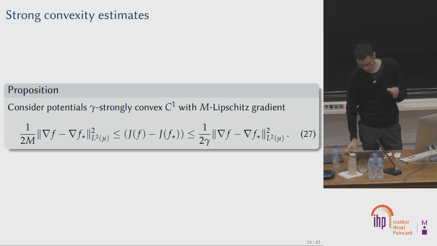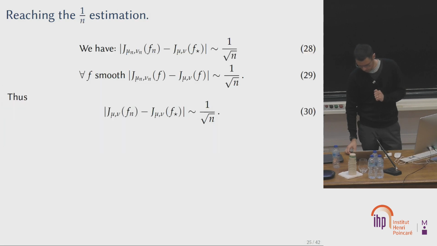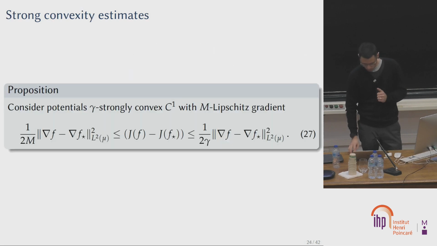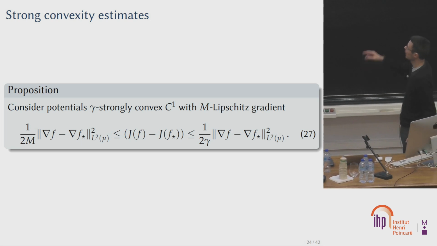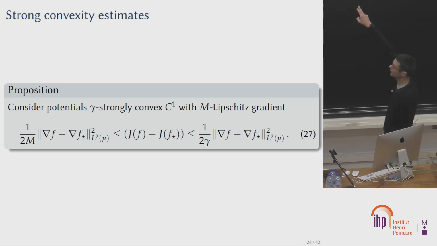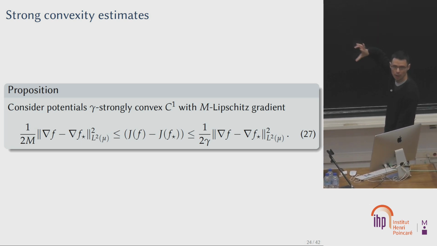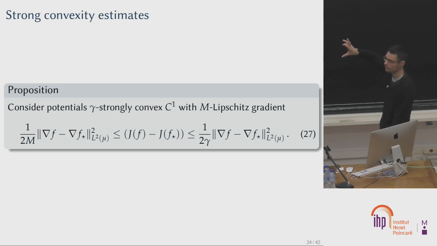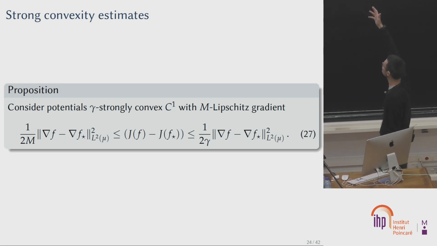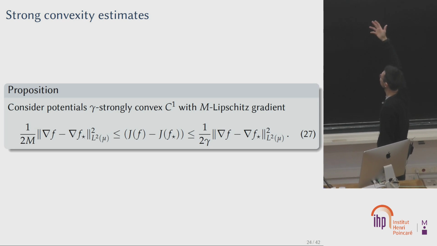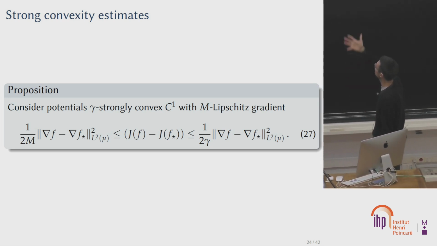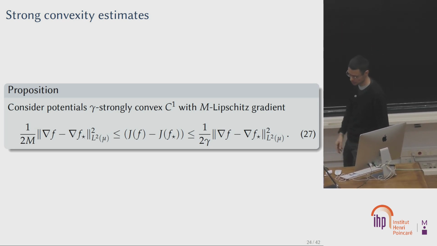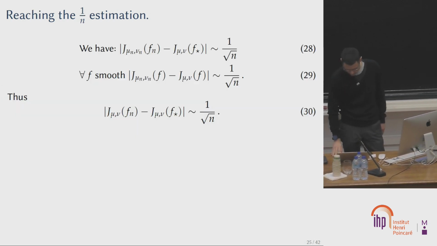But L2 norm with respect to mu. Now what's a bit strange is that we have estimation on J of f of the order of 1 over square root n, and we need to pass to a better estimation of this difference in order to get to the 1 over n rate.